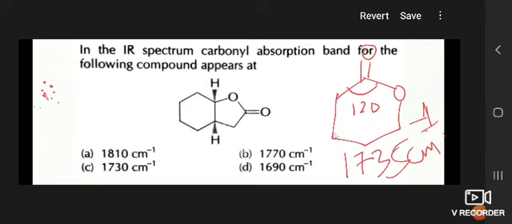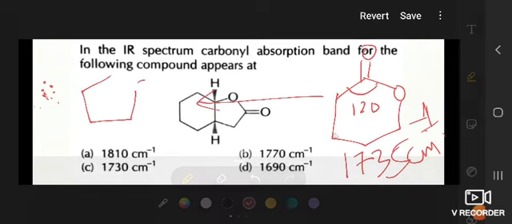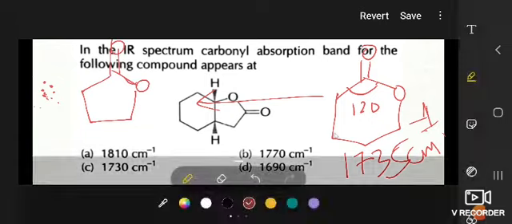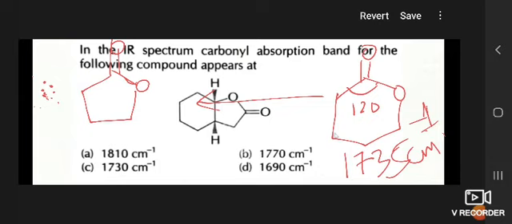Then the IR stretching frequency increases, and I will tell you the simple rule. That means if the cyclic ring decreases by 1 carbon, that means if this 6-membered ring is converted into a 5-membered ring, okay, that means a 5-membered lactone, then what you have to do?